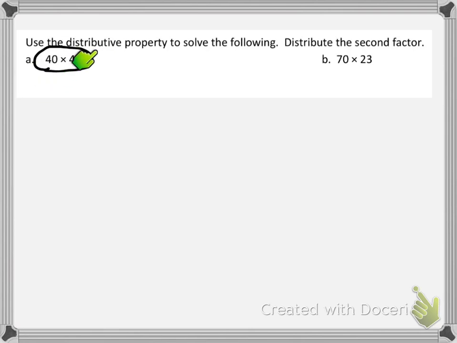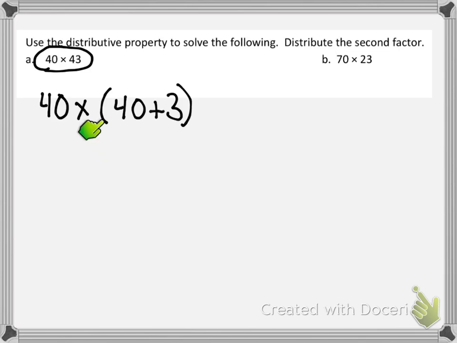That's basically using the distributive property. We're distributing that 40 to each one of those numbers. So let's try to do that. So let's do 40 times, let's break this up, 40 plus 3. All I did was break up the 43 into 40 and 3, because 40 plus 3 is 43.